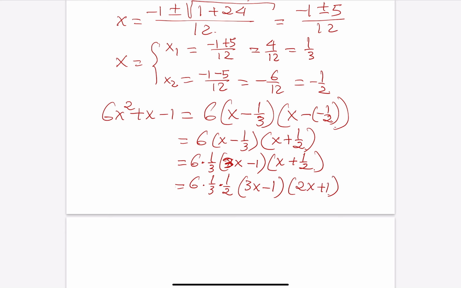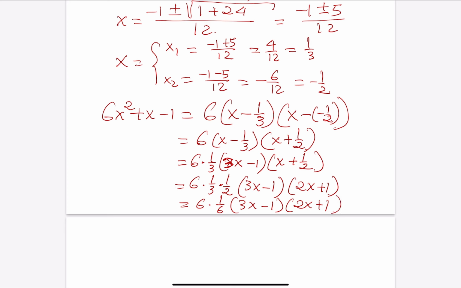If you check here, 2 times 3 is 6, and you have 6 times 3x minus 1 times 2x plus 1.